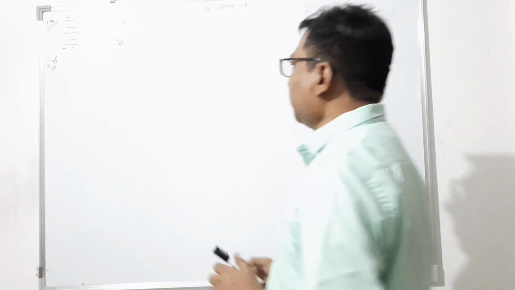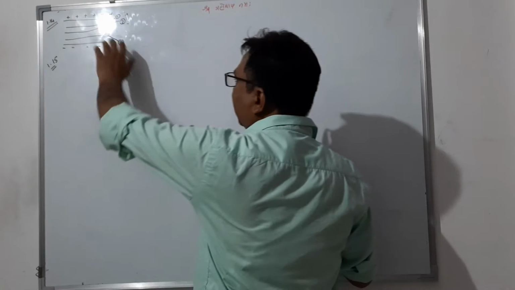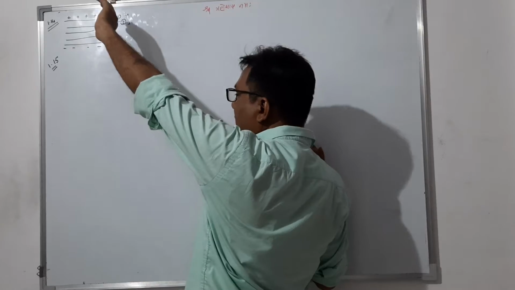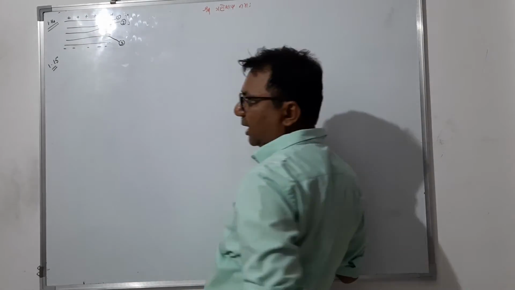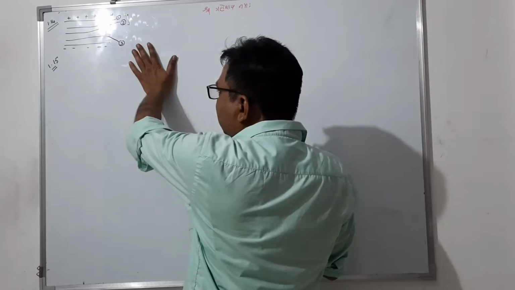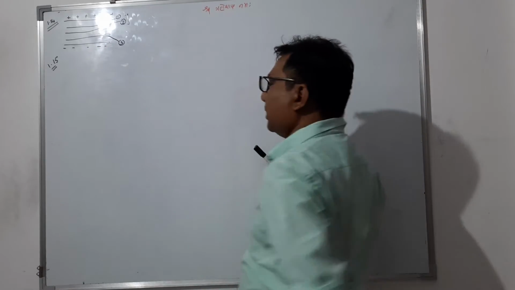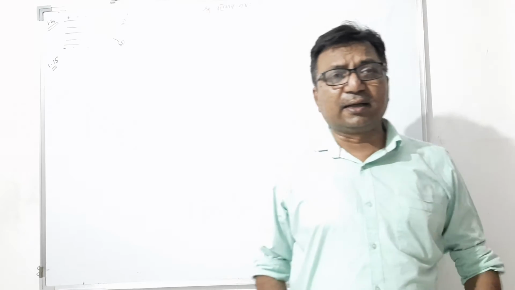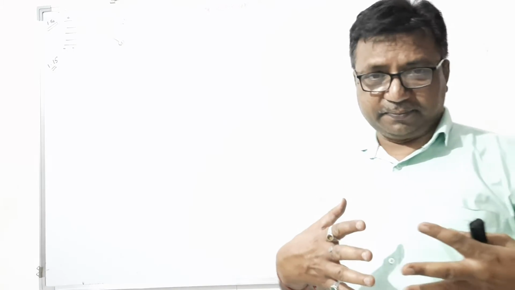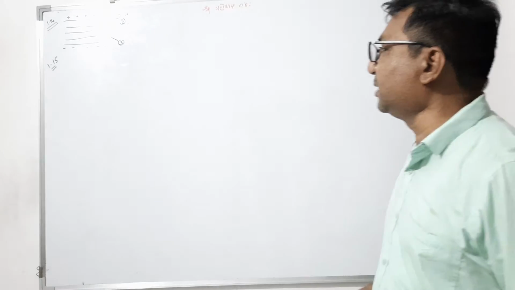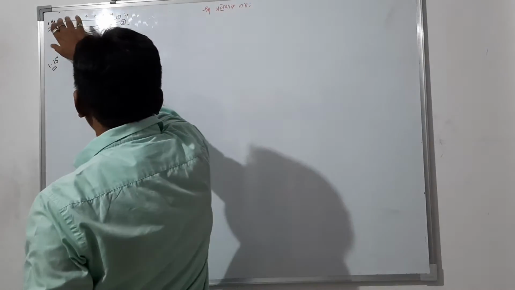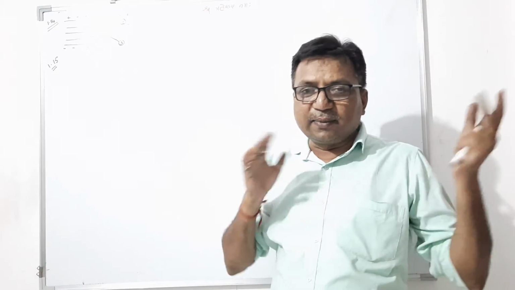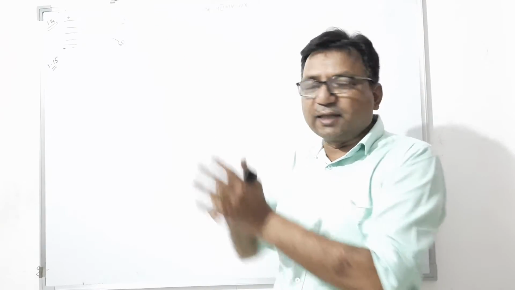Okay, so friends, you can see here these two particles are attracted towards the positive charge, and the third one is attracted towards the negative charge. So you know that unlike charges attract each other. So you can understand that this is a positive charge, so obviously the negative charge must be attracted toward the positive charge.